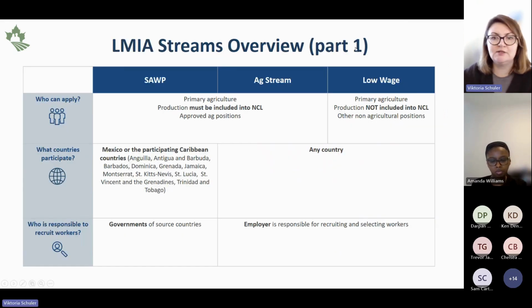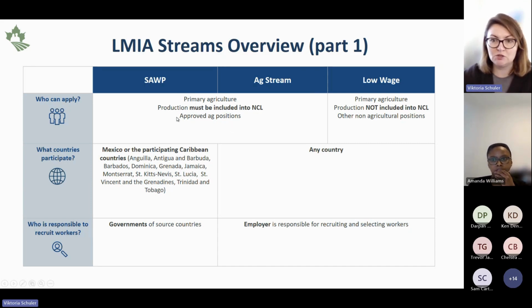The next 3 slides will be just an overview and comparison of the 3 streams. Very general, very generic, but if you have any questions about the details, feel free to ask. So first, which employers can apply? For the Seasonal Agricultural Worker Program and the ag stream, it must be only primary agriculture, and the production must be included in the national commodity list.